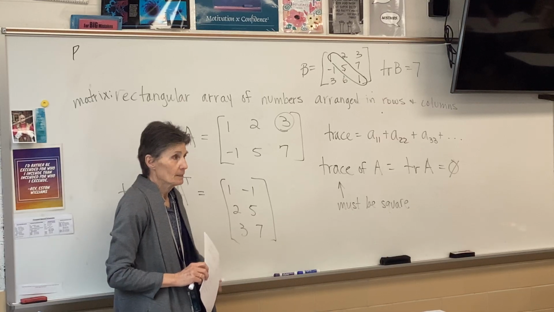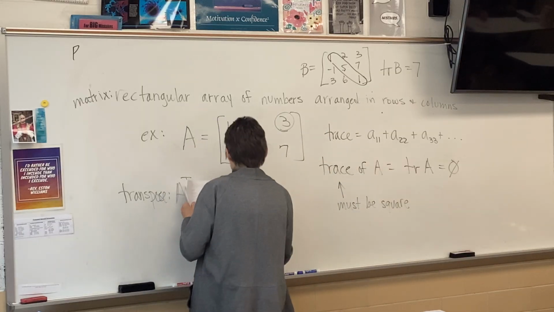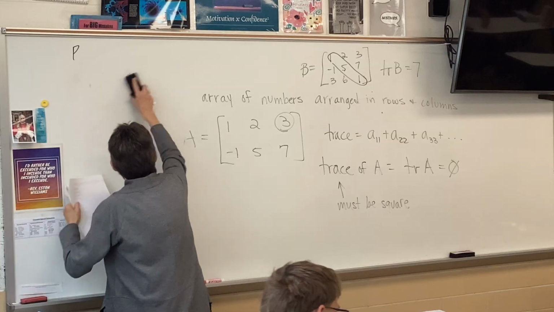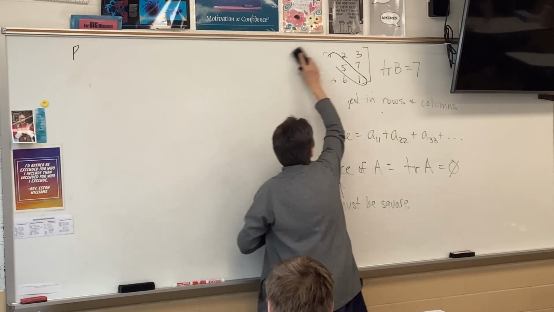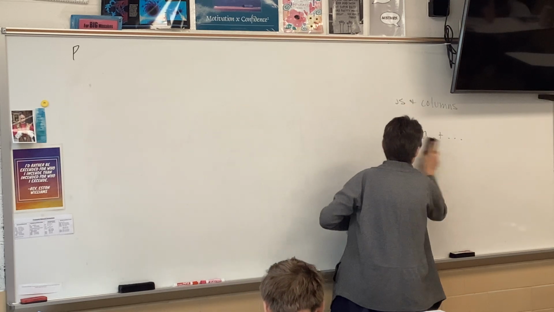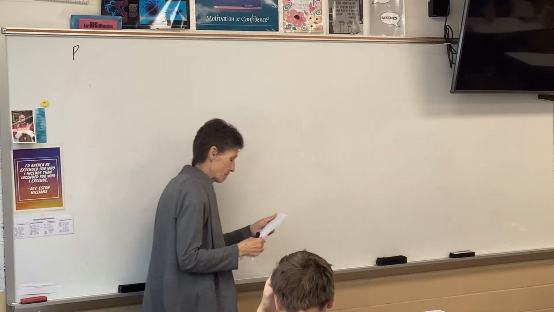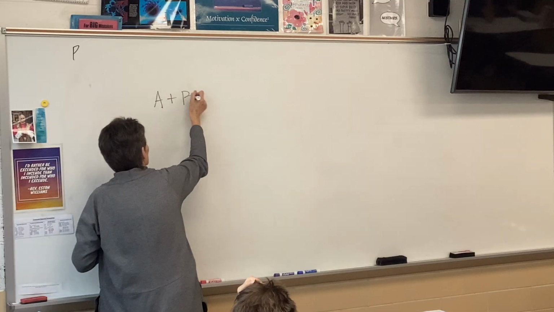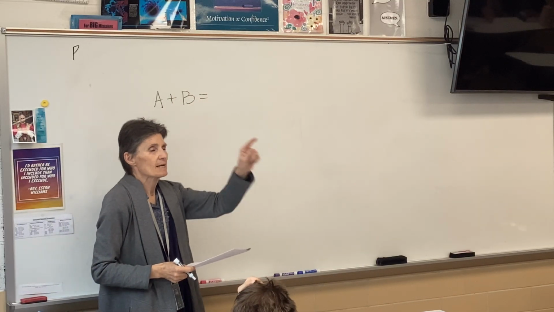All right, let's do some problems. Here we go. Number 2, here's a whole bunch of matrices, and we are going to do something. All right, A plus B. Take a wild guess and you'll be right.